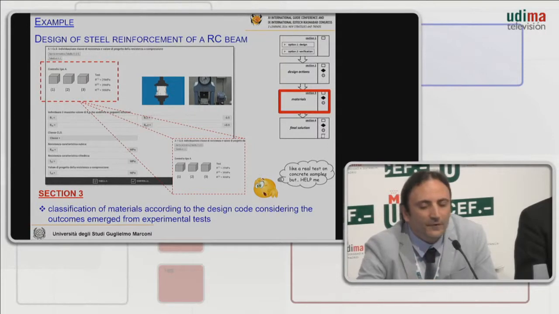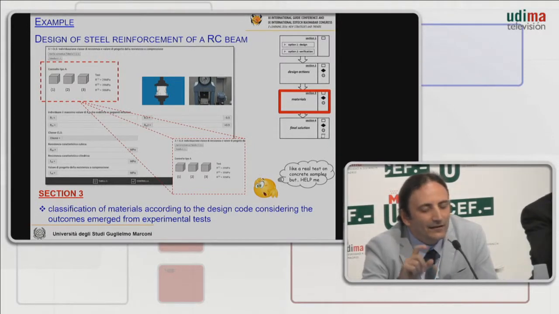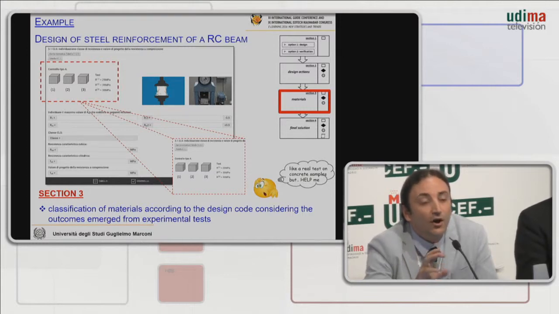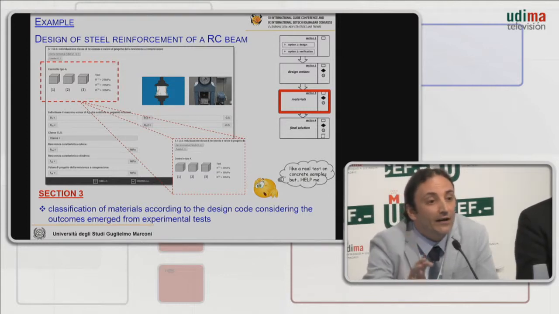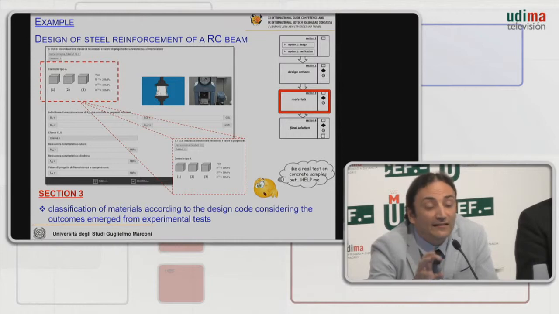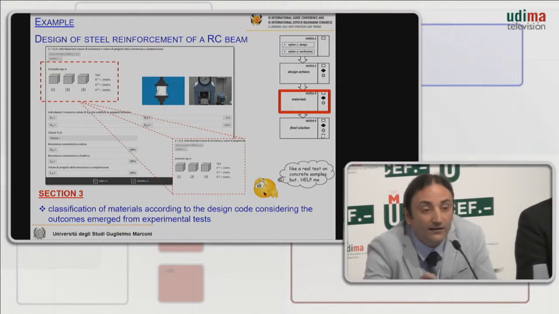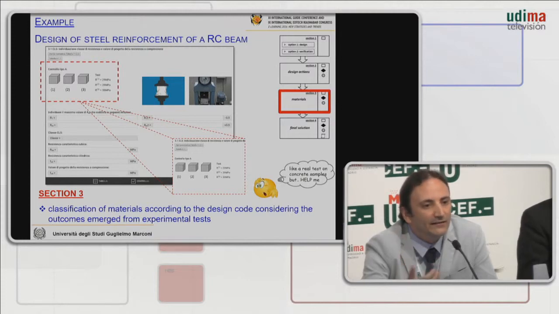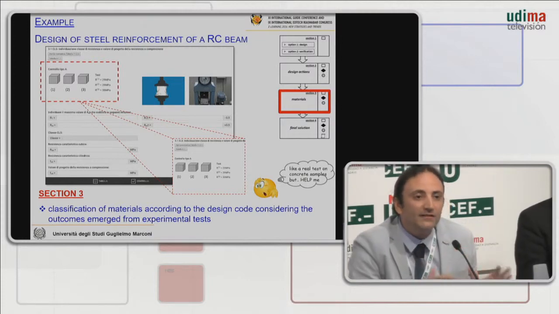For this reason, the windows characterizing this phase contain pictures of real apparatuses generally used for performing these types of tests on material, and in particular simulations of experimental tests, both on concrete and steel.